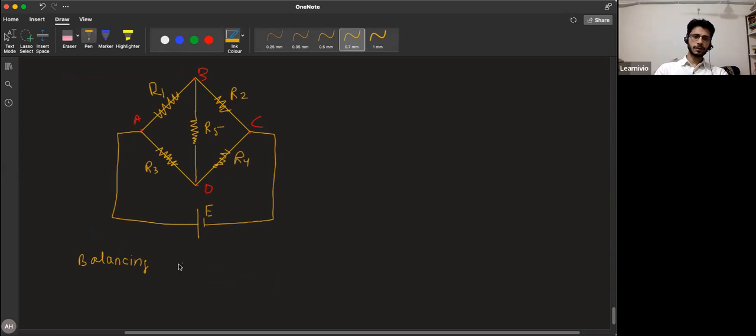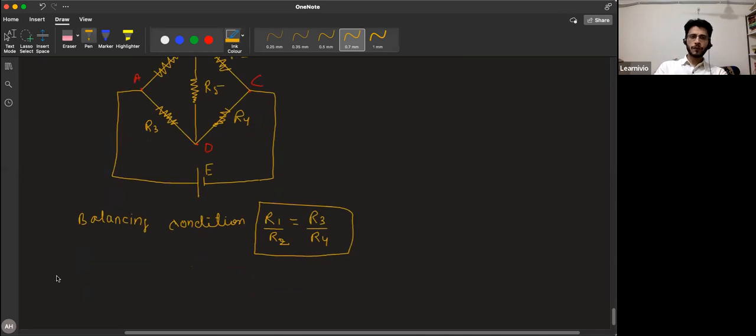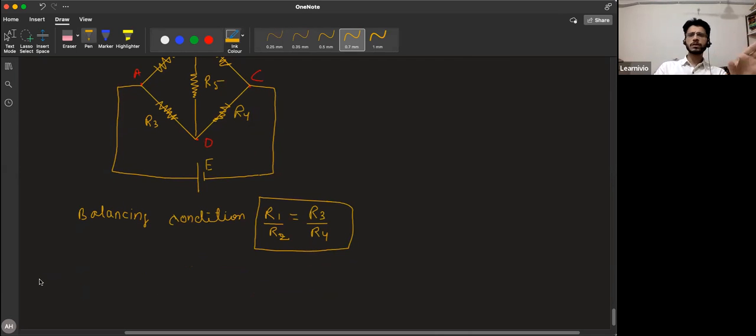Yes, this is the balancing condition of Wheatstone bridge that we know. We have already solved numericals on Wheatstone bridge and used this condition several times. Now we will go to the proof of Wheatstone bridge.